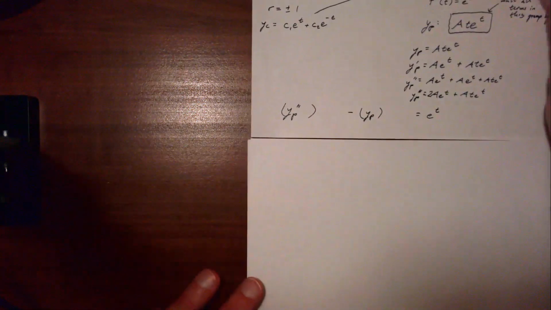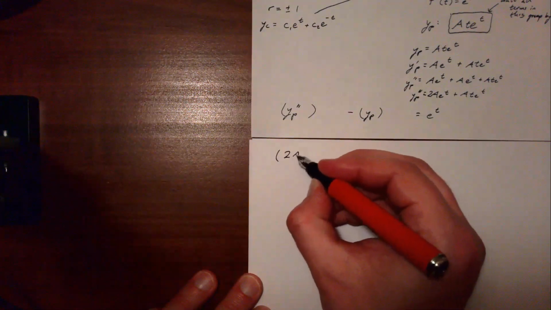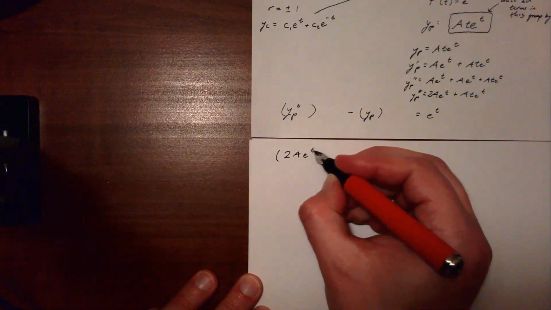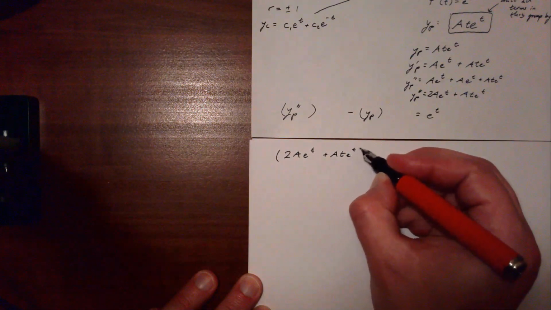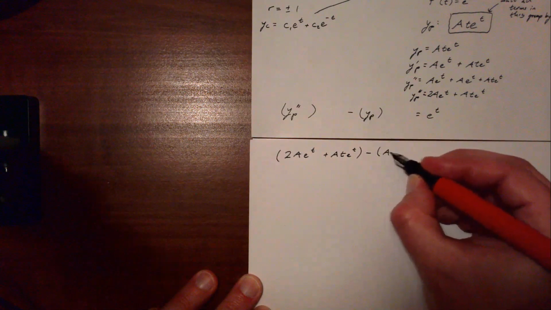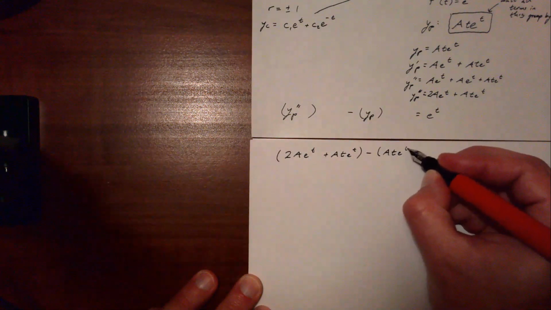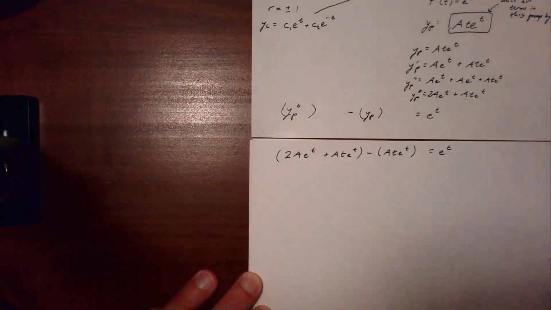And we now just put the pieces into play. So we're going to have 2a e to the t plus a t e to the t minus a t e to the t equals e to the t.